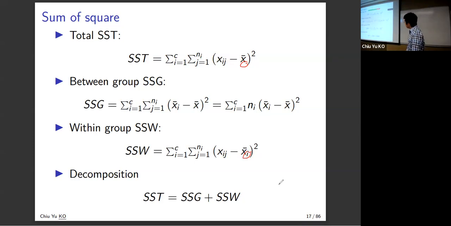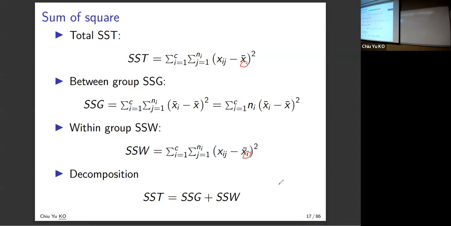You calculate the variance for each group separately, and that is the main idea. It's called SSW. And not surprisingly, overall variance splits into variance between groups and variance within groups. That's the main idea.